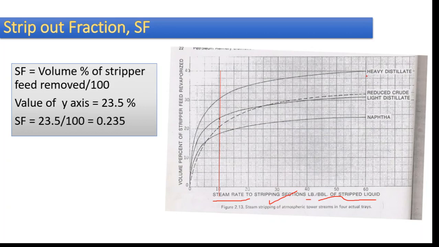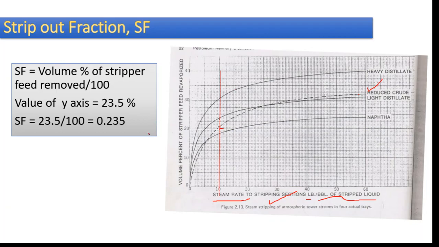We are going for the reduced crude, so the dotted line is for the residue, and you will see it is very slightly above 20. It can be 21 or 20 point something, very close to 20.